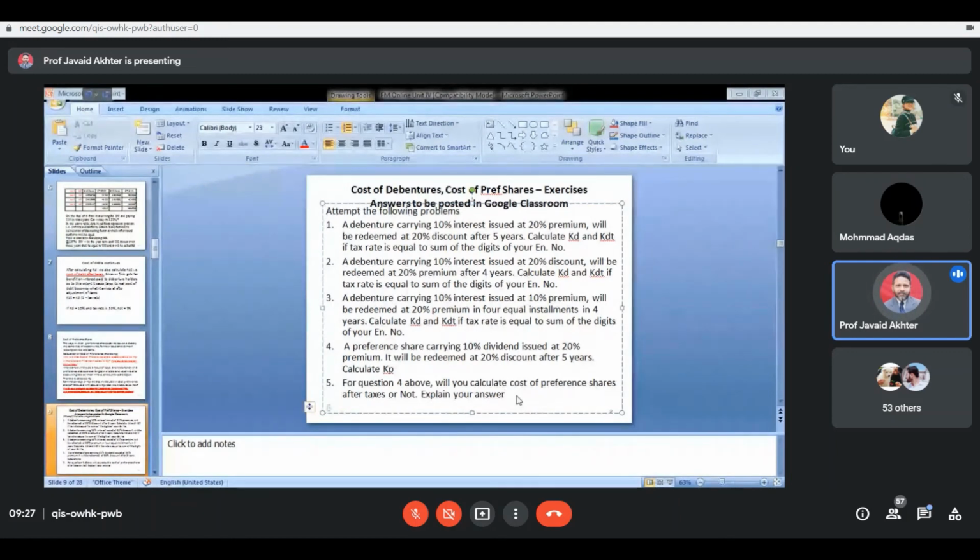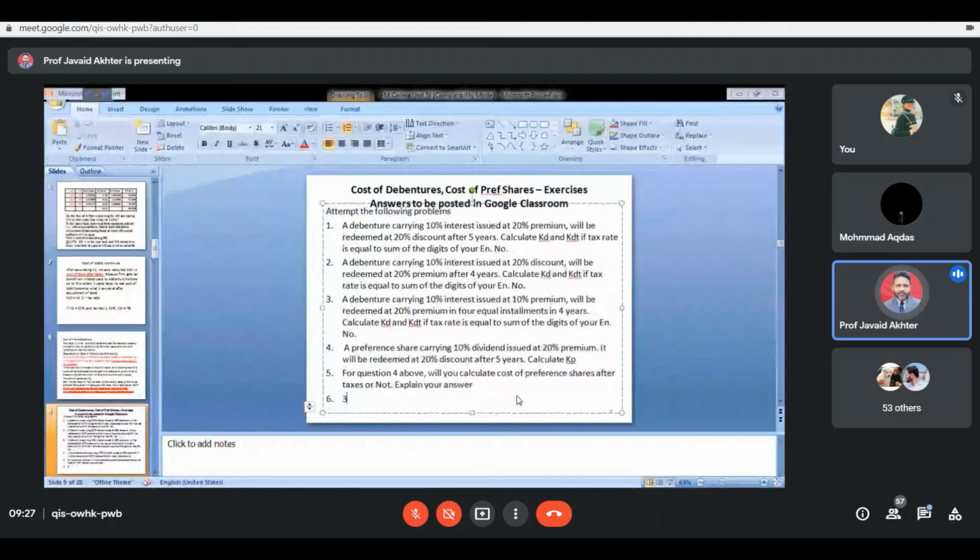Yes, tell me. 3324. What will be its sum? Its sum will be 14. 3 plus 3 is equal to 6. 6 plus 2, 8. 8 plus 4, 12. It will be 12. So for you, it will be 12%. All right. Similarly, others can find out their enrollment number and accordingly calculate the tax rate.